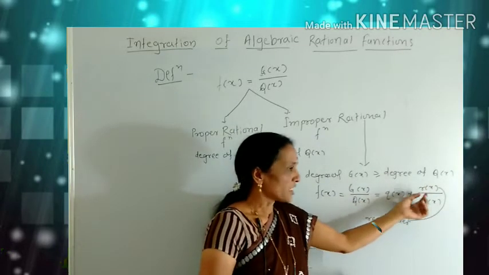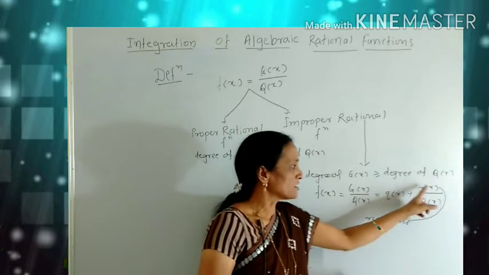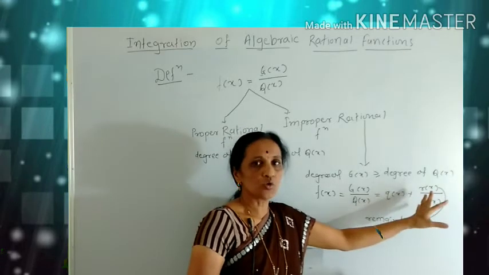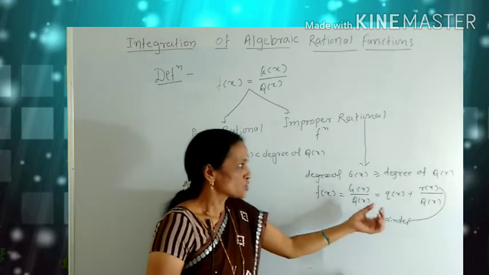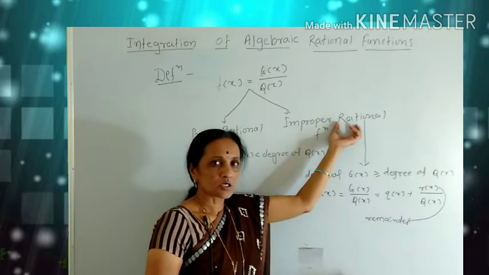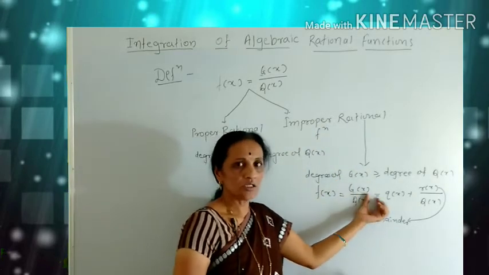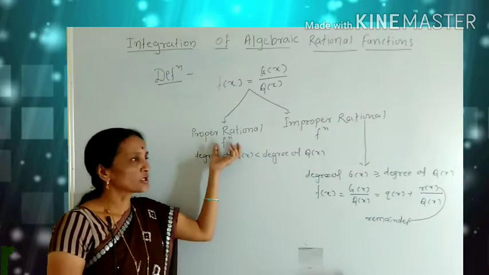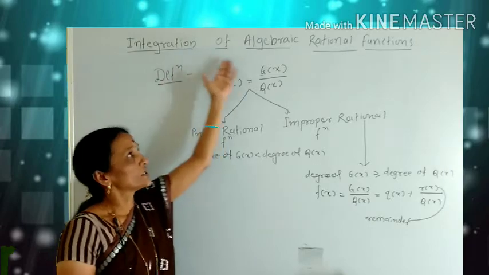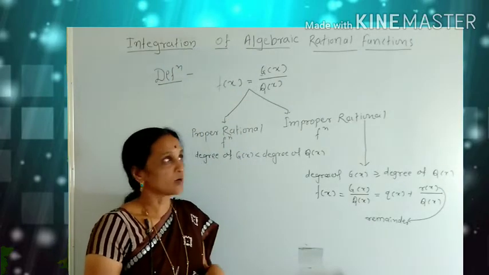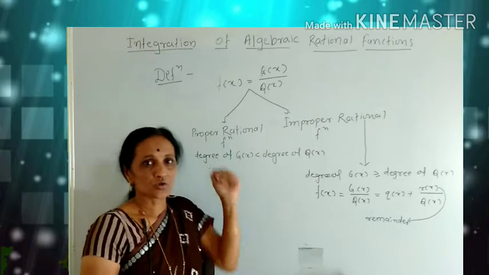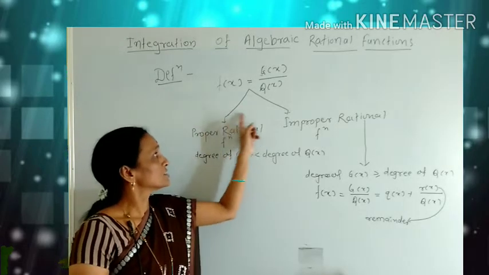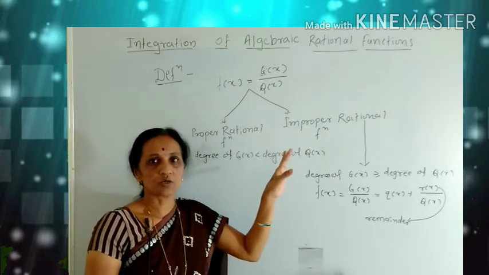But we remember that the degree of r(x), the remainder, is less than the degree of Q(x), your denominator. So your improper rational function is converted into the form of a proper rational function. This is very important for finding the integrations of the algebraic rational function. In the integration of the algebraic rational function, there must be a proper rational function.